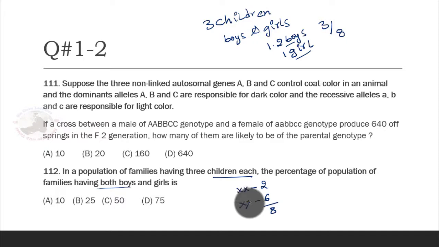I hope I'm sounding clear for you. Among the 3 children, the XY possibility is 6 because 2 times 3 is 6, whereas in case of 1 child it will be maximum 2. When we sum up both, we'll find 8. In this scenario, it is 3 by 8, and there might be one more chance. Let's say if there are 2 girls and 1 boy, here also the possibility is the same, 3 by 8.